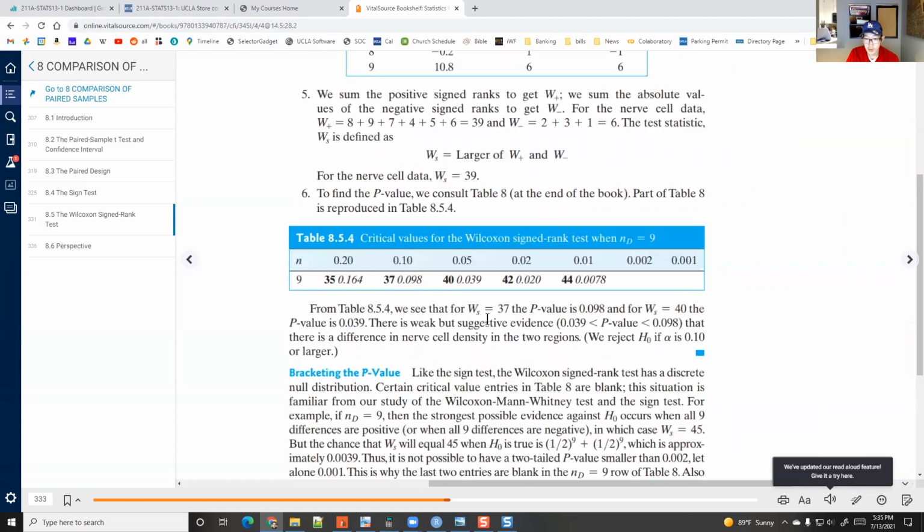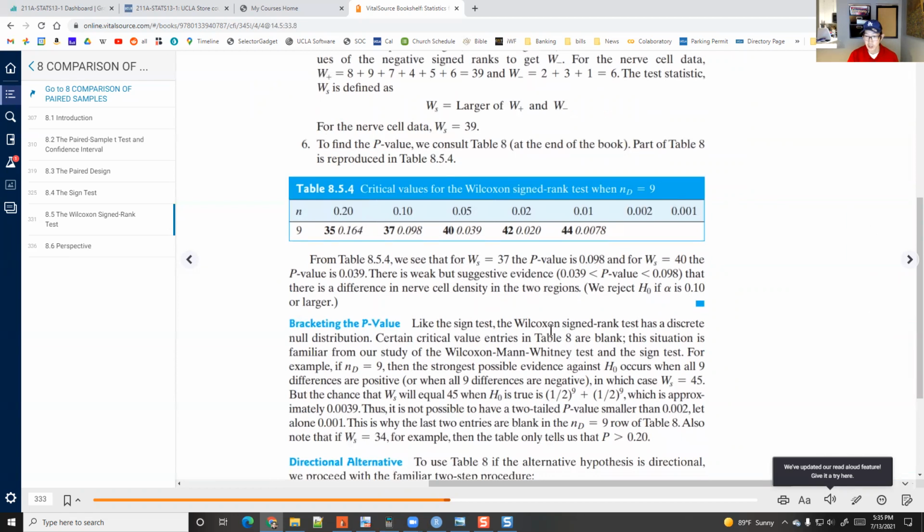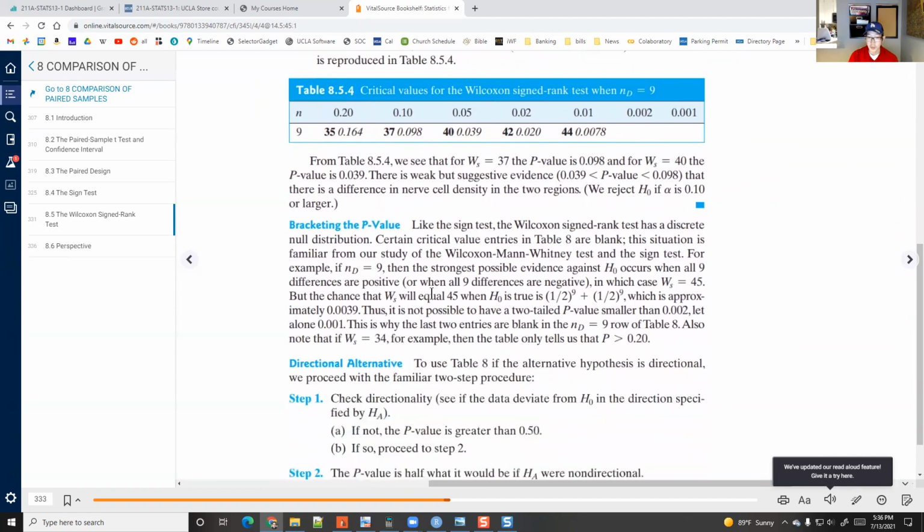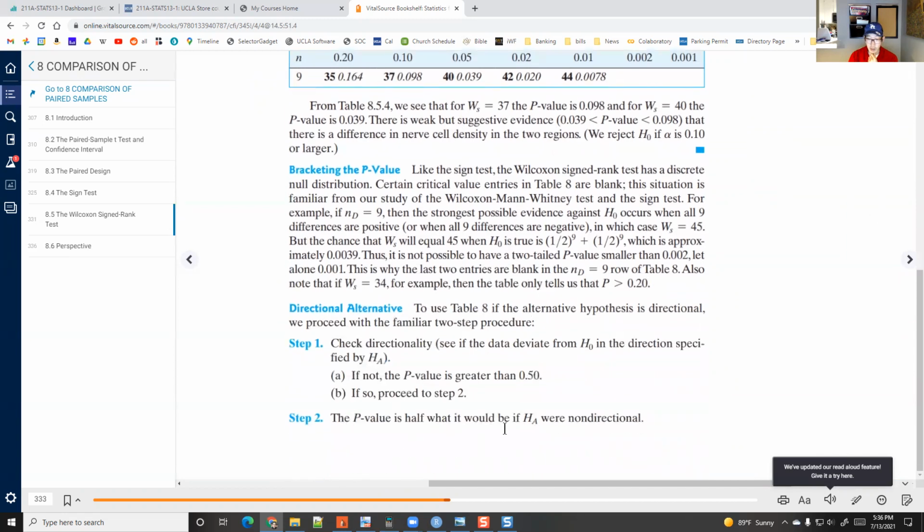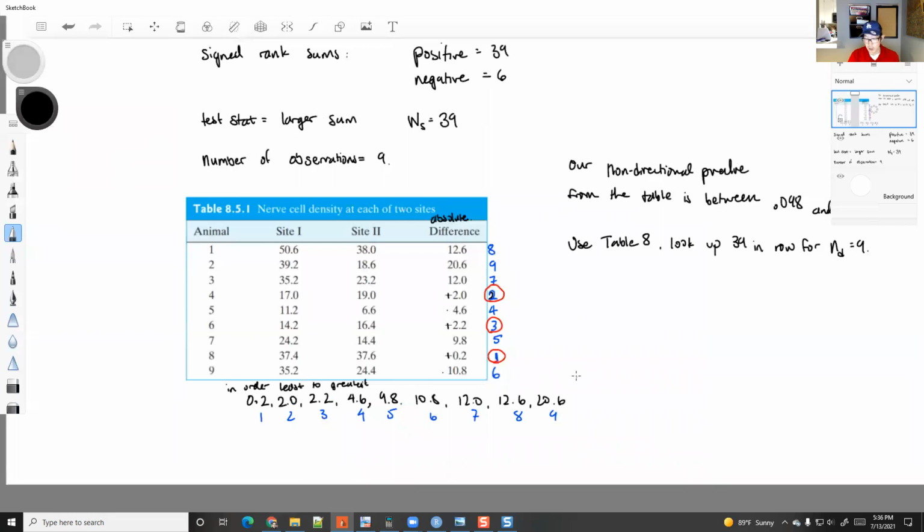And so here the p-value is 0.09. So there's weak evidence, we would reject if the significance level is 10%. And here they don't say anything about the test, right? The p-value would be half if the alternative were directional. Now, we didn't specify that.